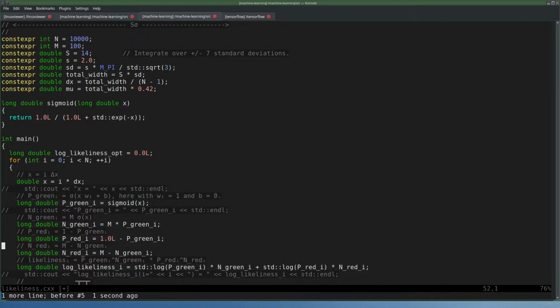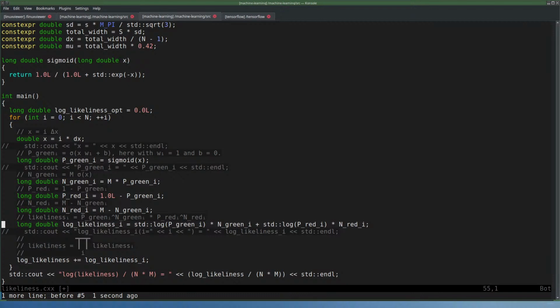I might need everything, why not? So we define x as i times delta x, which means that x starts at 0 and it ends at n minus 1 times dx, which is the total width.